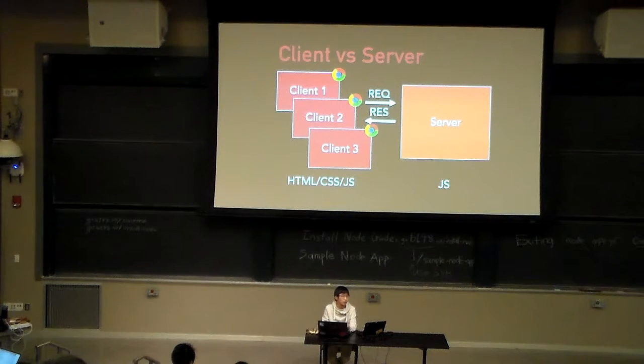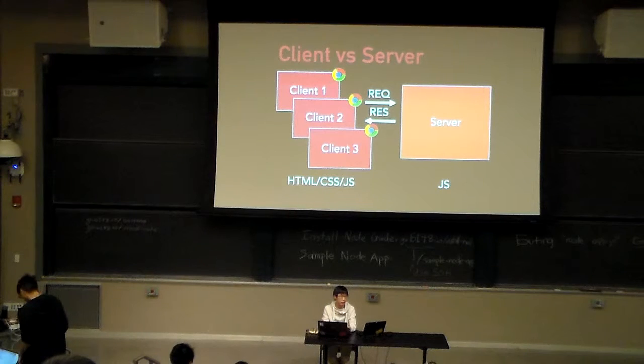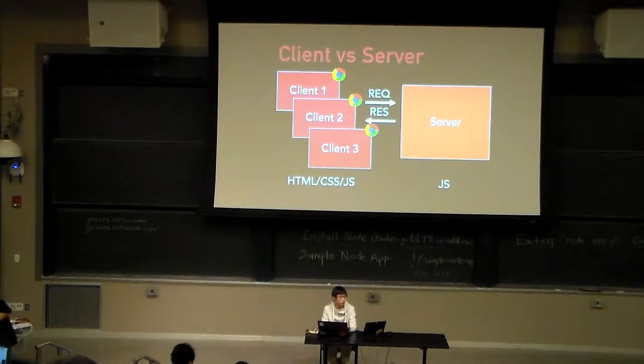The most common mistake beginners usually make is they cannot distinguish client-side code, which is your front-end code, from your server-side code, which is back-end code. They write console log in their server-side code and expect their Chrome inspector to print that console log, which obviously won't happen. So in this workshop, we'll be using Node.js as a server.